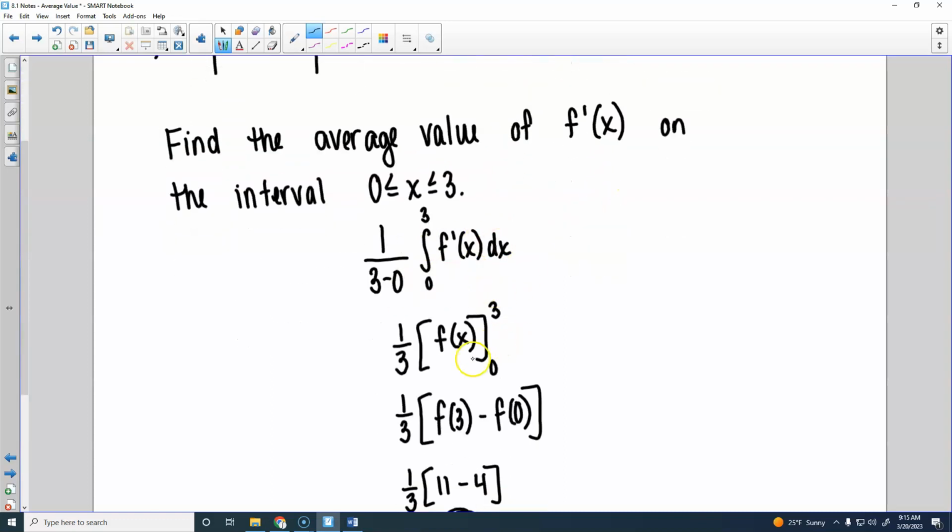It could be given to you with an equation, in which case you would actually integrate this equation and find that value, right? So it can be done several different ways. I've seen it both places. This is something that could show up either place.